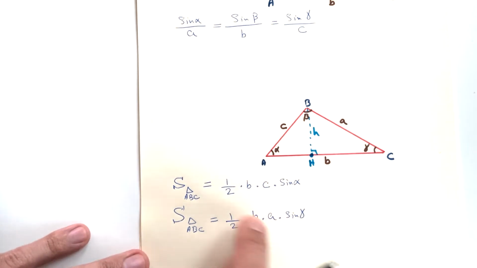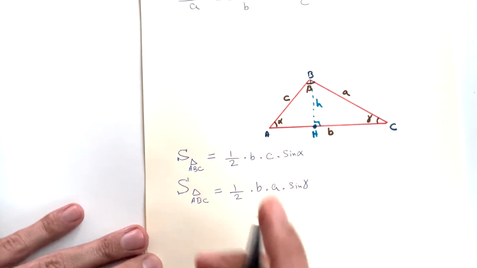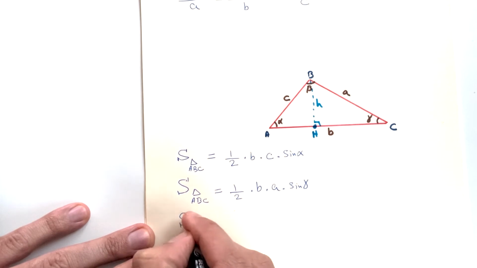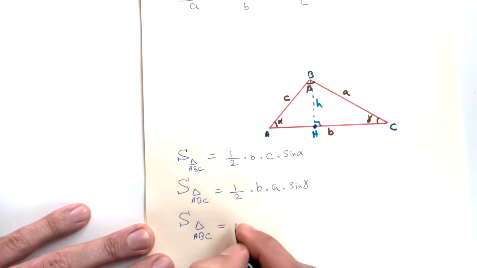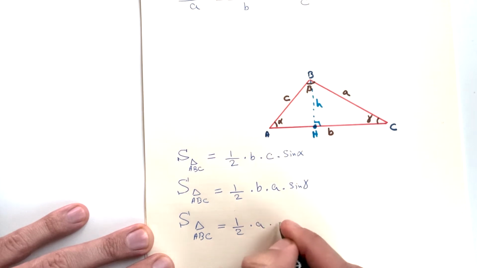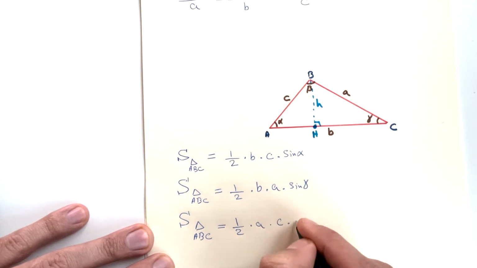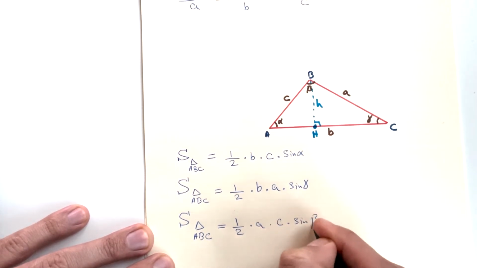And if I do the same for the other side, I can write S of triangle ABC is equal to 1/2 times A times C times sine beta.